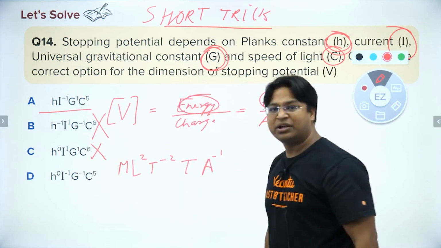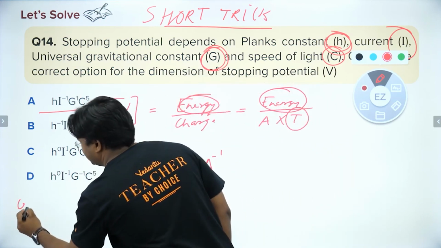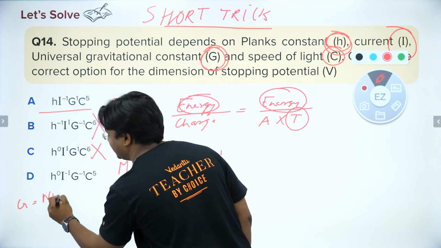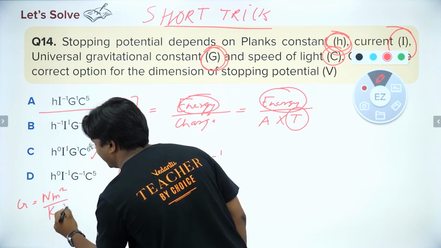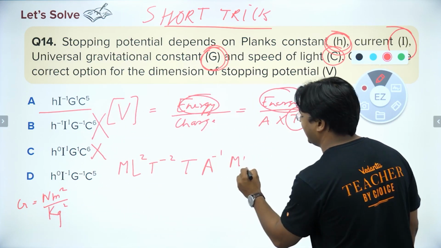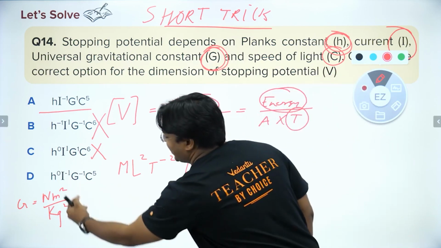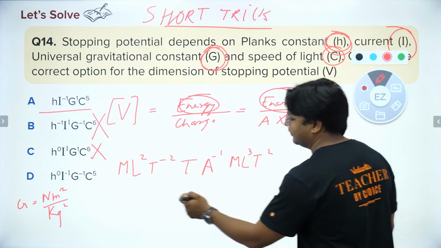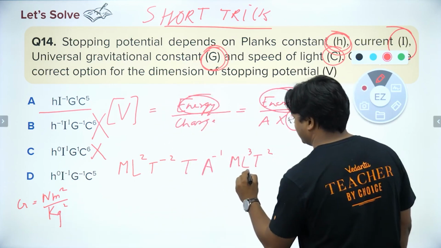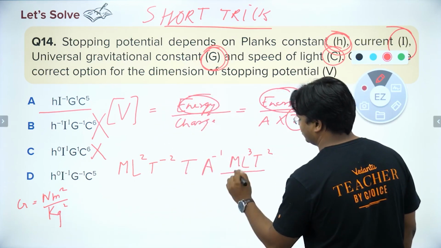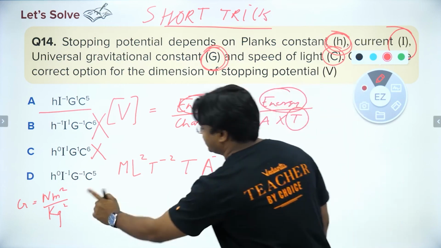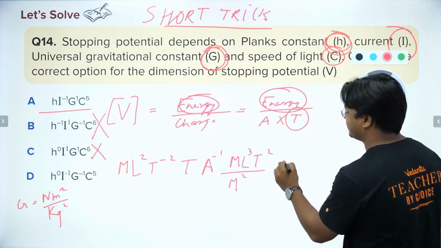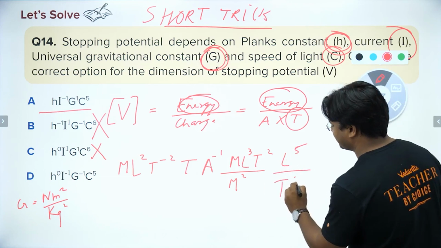Then G. G has units of Newton meter square by kg square. Newton is mLT minus 2. We multiply it with length square, so this becomes L cube. We divide it by kg square, so it becomes m to the power minus 1. Okay, so this is G. And then c raised to power 5, so L to the power 5 upon T to the power 5.